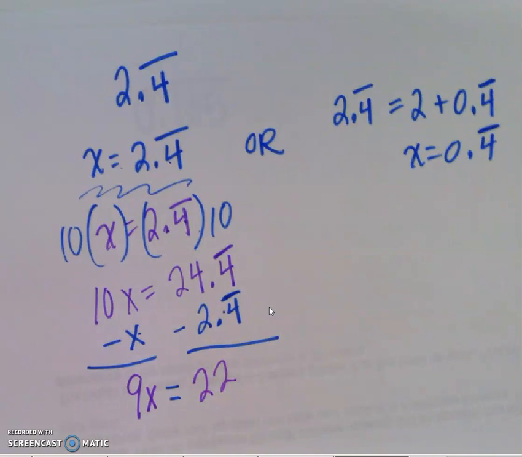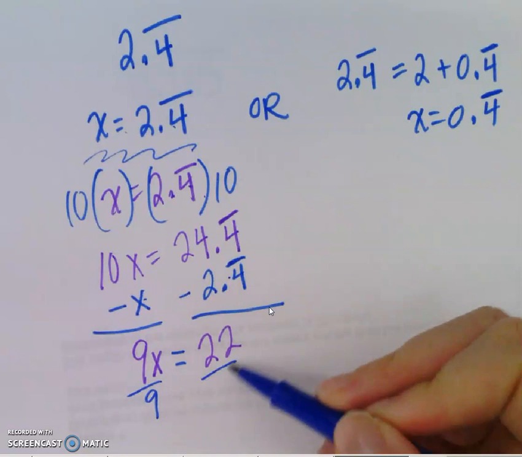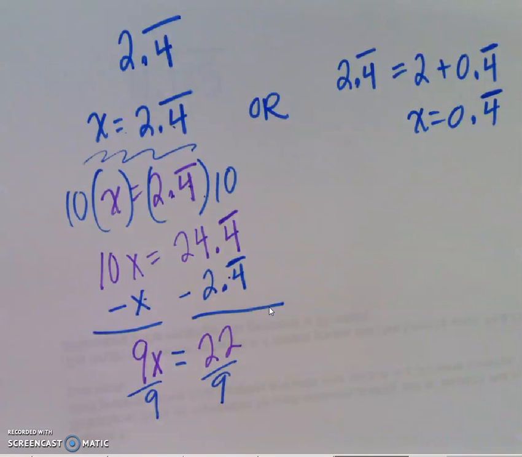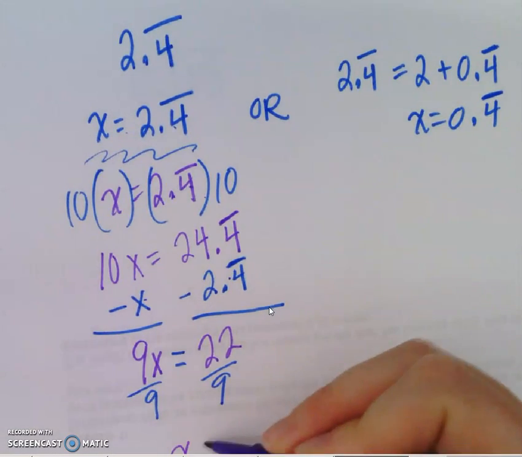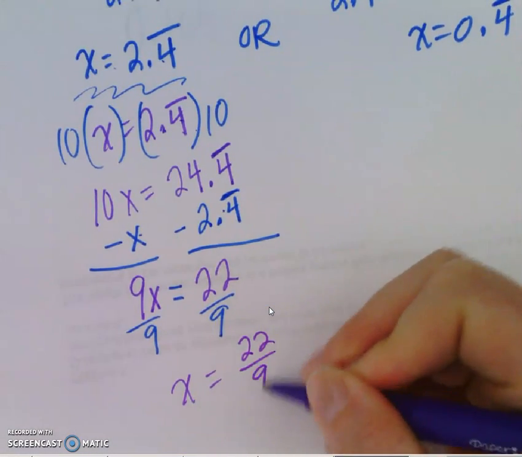Okay, so now I need to divide both sides by 9. And I get that x is equal to 22 over 9.